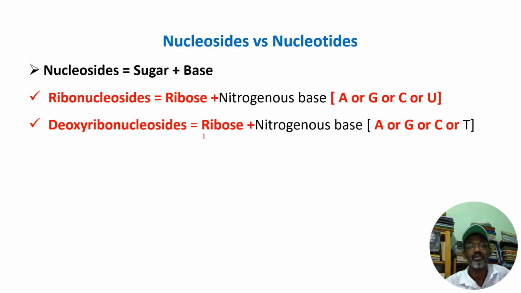The sugar is not ribose, it is deoxy. Add deoxy here. Deoxyribose sugar, nitrogen bases, A, G, C or T in this case.